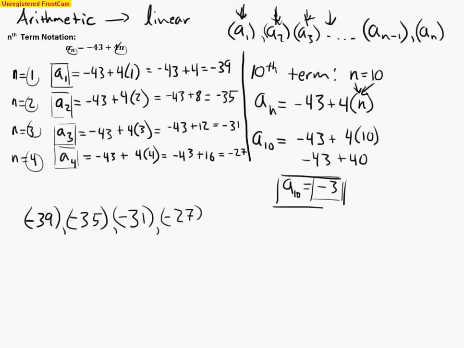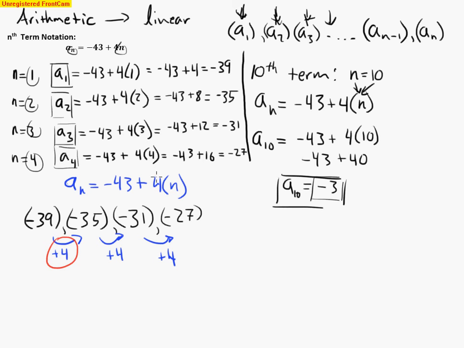But if you want to kind of cheat a little bit, you might see a pattern here. My equation originally was a_n equals negative 43 plus 4n. Now, what is the change here? Well, the change is plus 4, plus 4, plus 4. Do we see that in our equation?